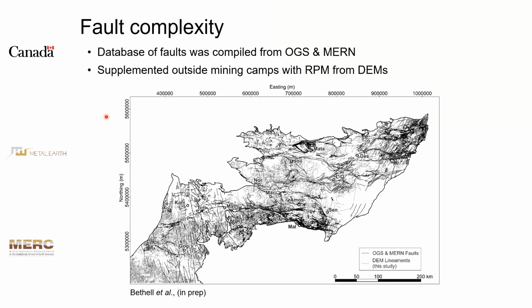One way we tried to mitigate this is that I undertook a project to do some remote mapping from geophysical data, primarily digital elevation models. There's some great high-resolution LiDAR data for the Abitibi. You can see these two data sets. There's a lot of data in here, so it looks like one gray blob, but there are two main data sets.